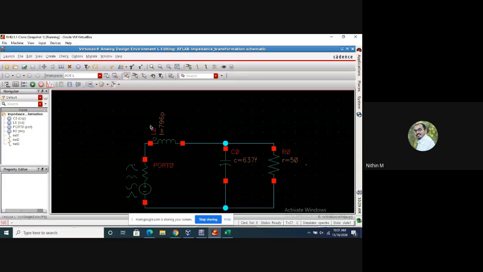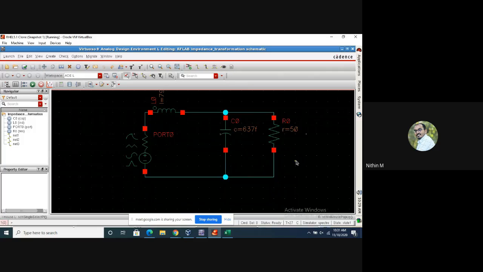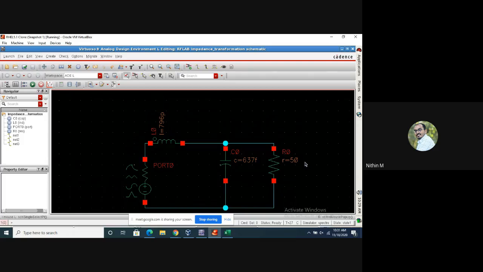Am I audible? Yes, sir. Okay, I hope you can see the Cadence screen here. So this is what we did yesterday. Let me modify the values here and see whether the new values work for the L match we obtained today.